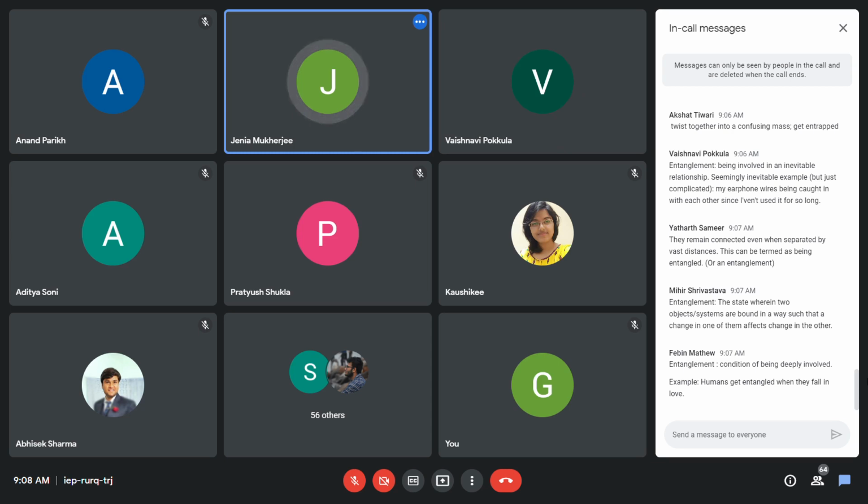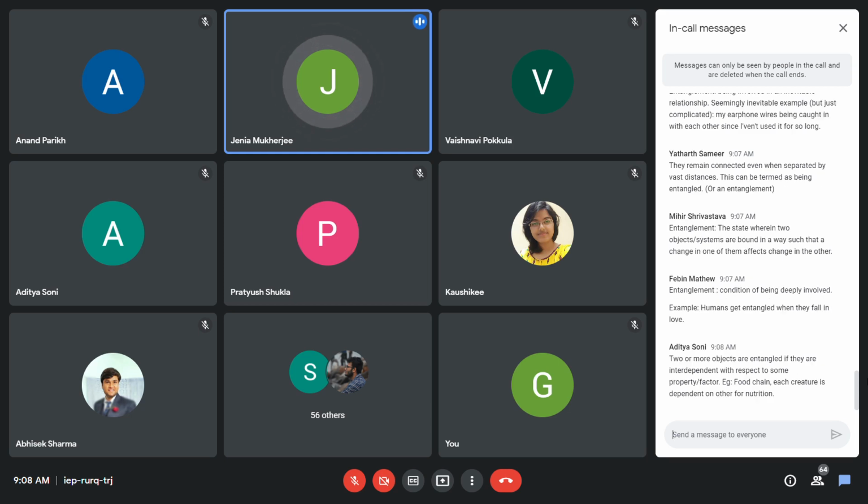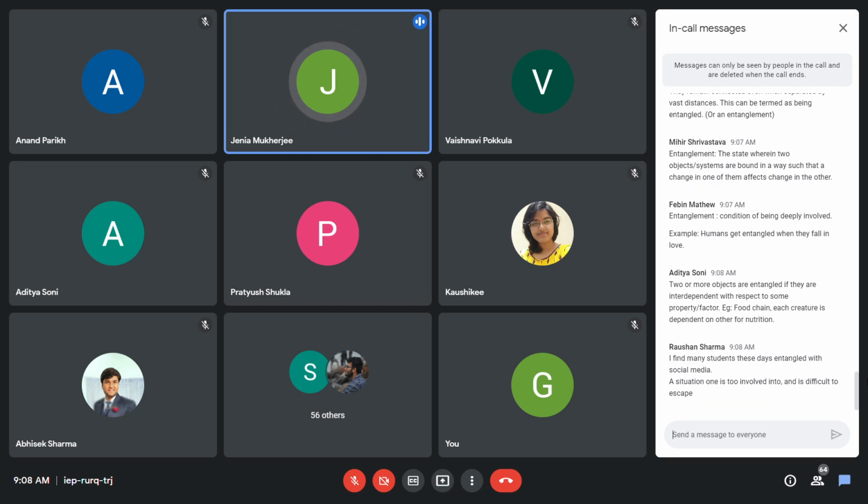Right, hard to remove. I think it resonates with Mihir's explanation that they are bound in such a way that a change in one of them will affect the entire system. Same thing happens with our earphone. If one stops functioning, or if we plug in only one earphone, I think we will not get the entire rhythm or the music, right?